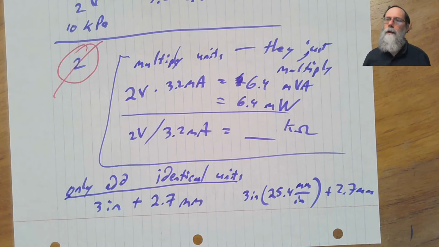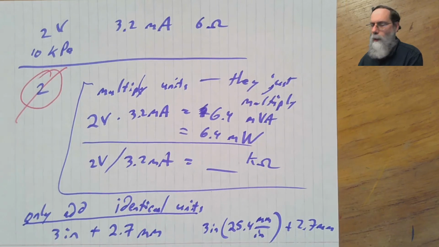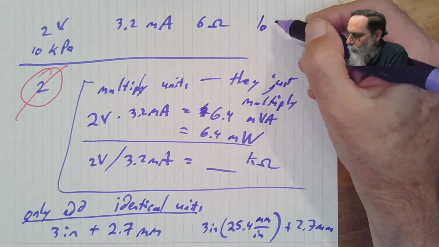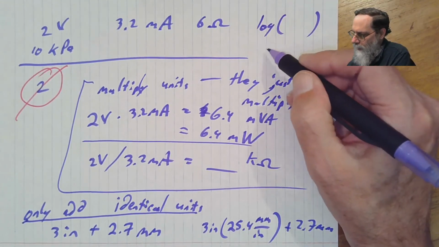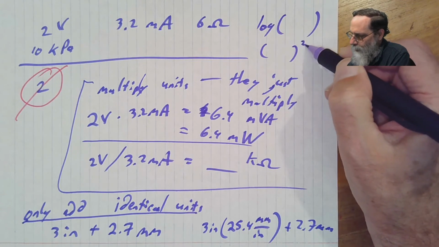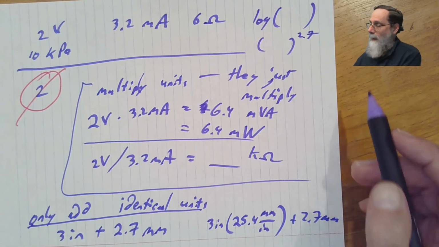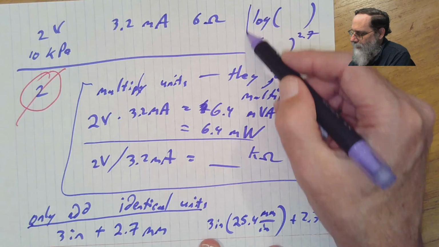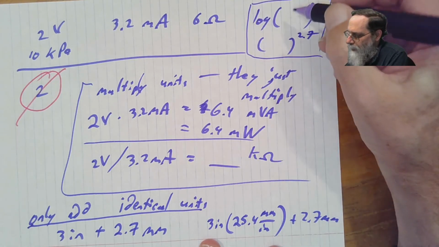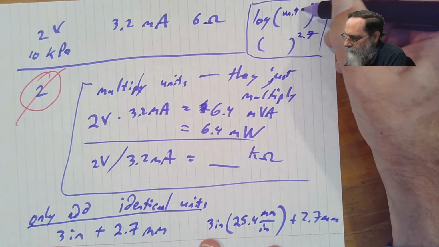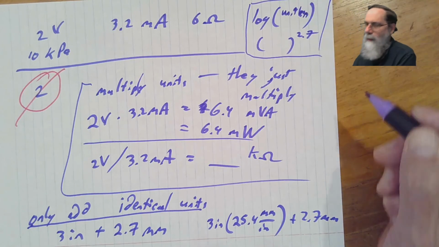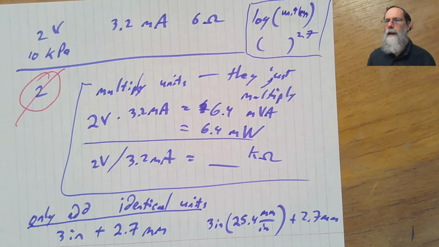There is one other thing you want to watch out for, and that is if you're doing something weird with the numbers, like you're taking log of something or something to the 2.7 power or something like that, the thing that you're taking inside here should be unitless, so that you don't take the log of a voltage.